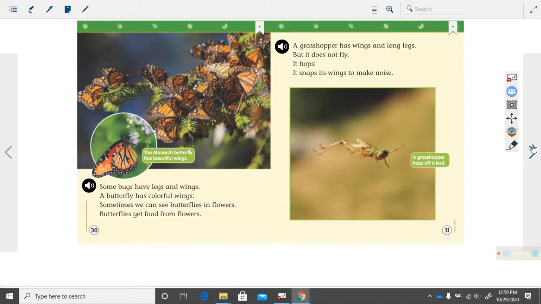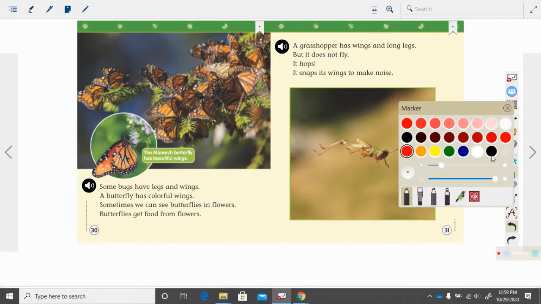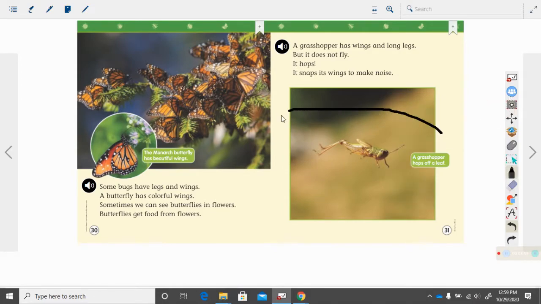Okay, before we read the next page, I want you to look at the picture and tell me what that picture tells us about the grasshopper. We can't read this, okay? It has big words, and you're kindergartners, and I know you can't read those big words yet. And that's okay, because a lot of times we can look at the pictures, and the pictures will tell us some of the things that's happening.